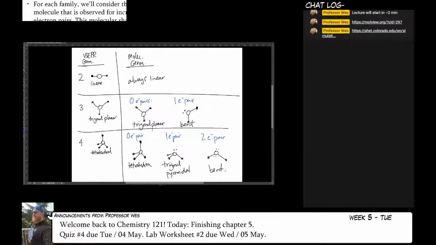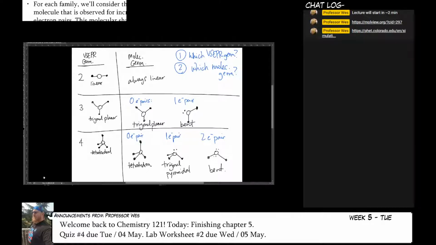What you're going to do when you are given any molecule is ask yourself the following questions. The first question is, which VSEPR geometry does your molecule fall into? In other words, is it 2 electron groups, 3 electron groups, or 4 electron groups? Then you're going to ask, which molecular geometry does it belong to?